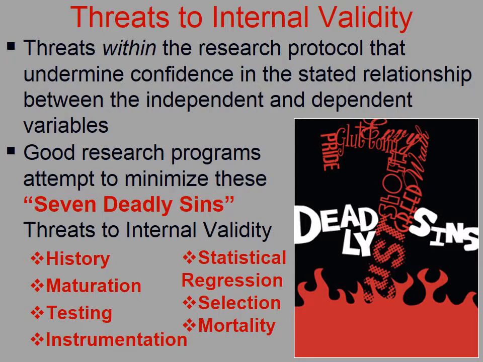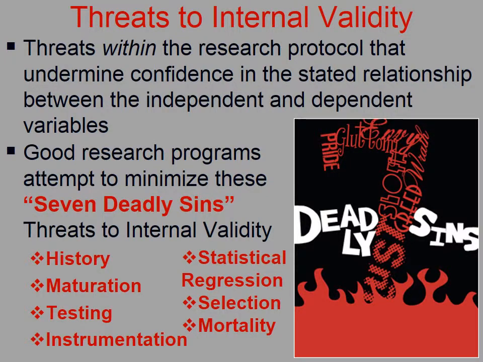Some plausible alternative hypotheses occur so often in scientific studies that they are known as threats to internal validity, and they almost always have to be considered and taken into account when a scientist is designing research, at least to the extent possible.